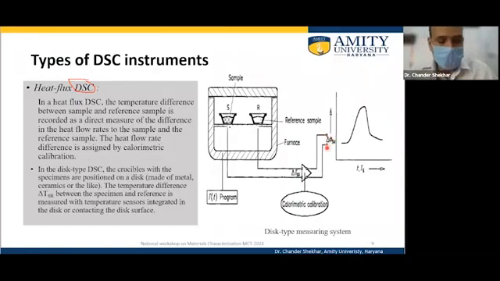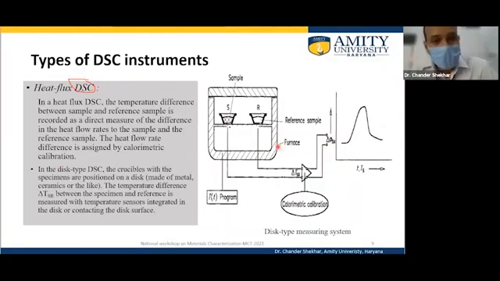If you look at the y-axis, this is milliwatt, and on the x-axis there is the time or the temperature of the sample. So in the heat flux DSC, both sample and reference are kept in the same furnace and subjected to the predetermined temperature program, and then the thermal energy flow difference is measured, monitored, and correlated to the thermal event that is happening in the sample.